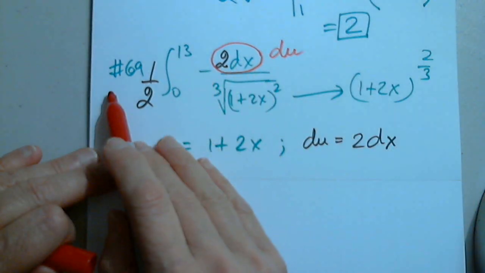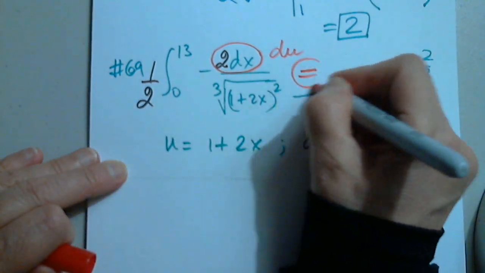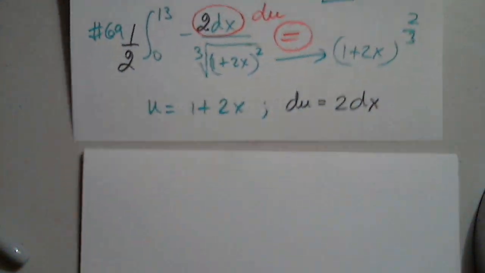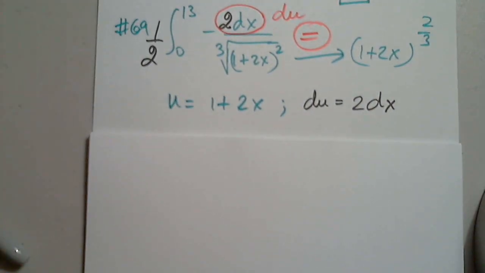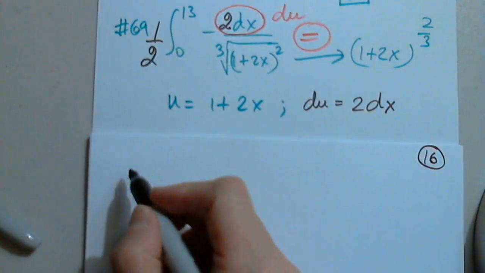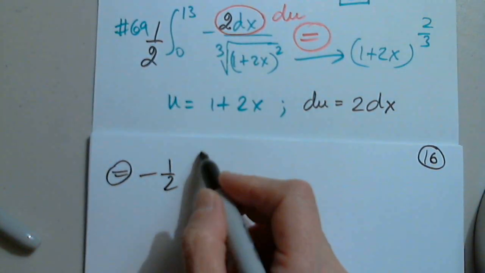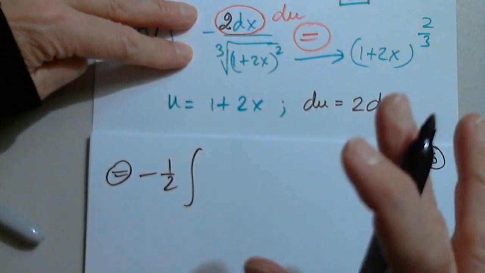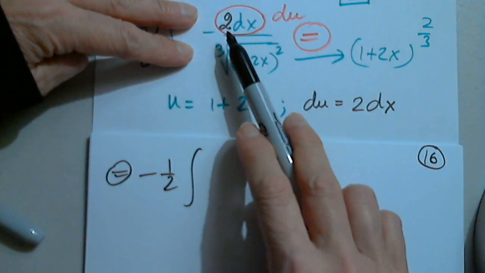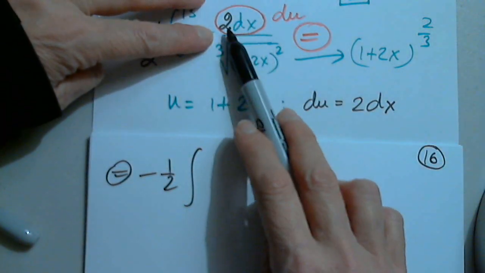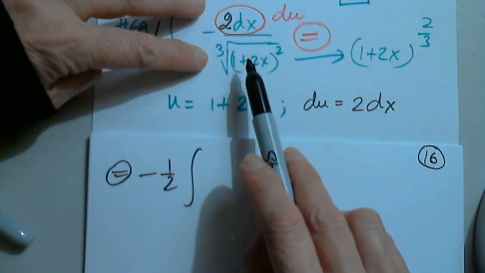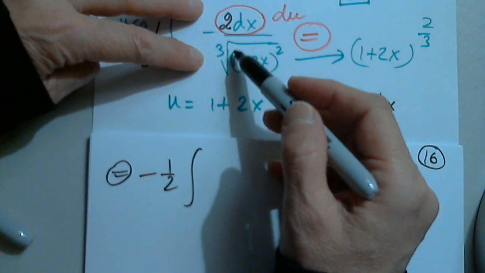I will put the negative outside with 1/2. So negative 1/2. Do not copy the limits of integration. So I have negative 1/2 outside. 2 dx is du. How do I replace this piece?